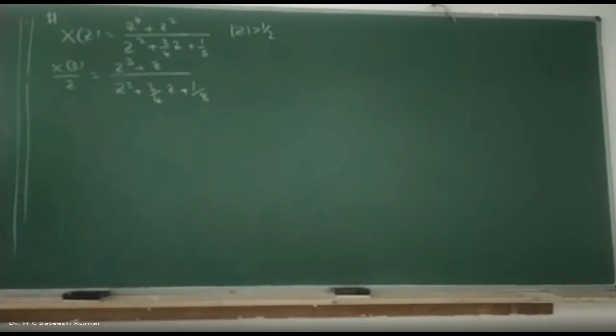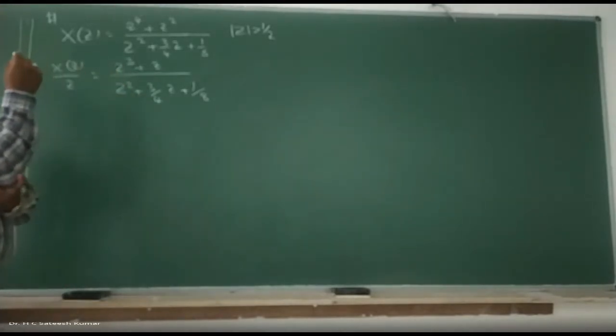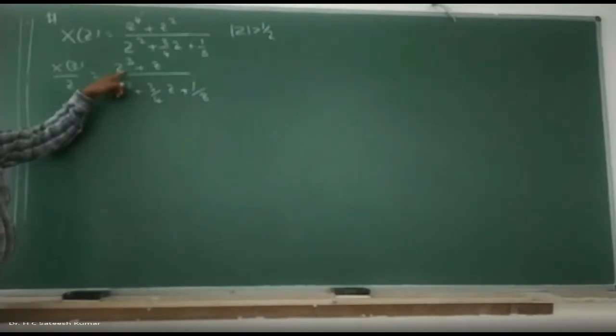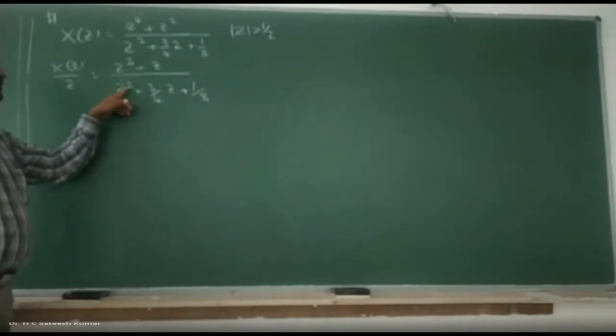Now, if you want to take the partial fraction for this one, the basic condition is that the numerator power should be less than the denominator power. Even if it is equal, it is not allowed. Here the numerator is third order and the denominator is second order.